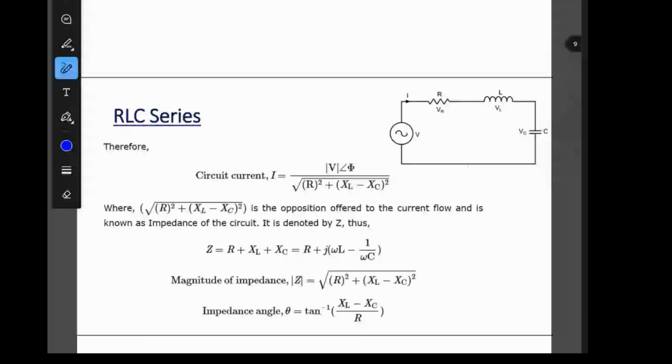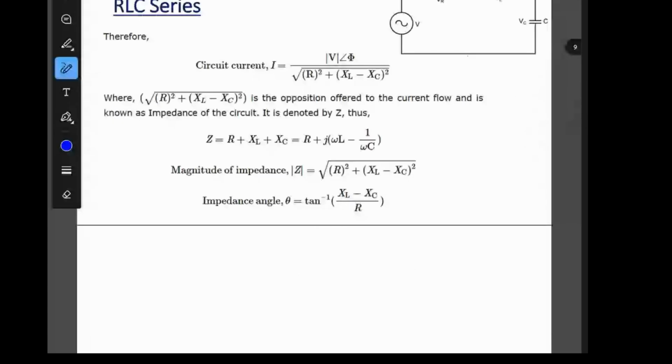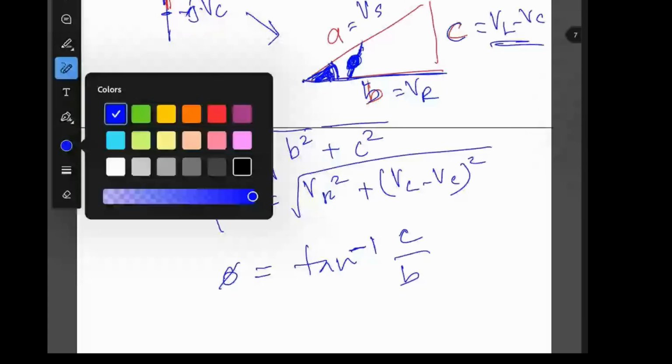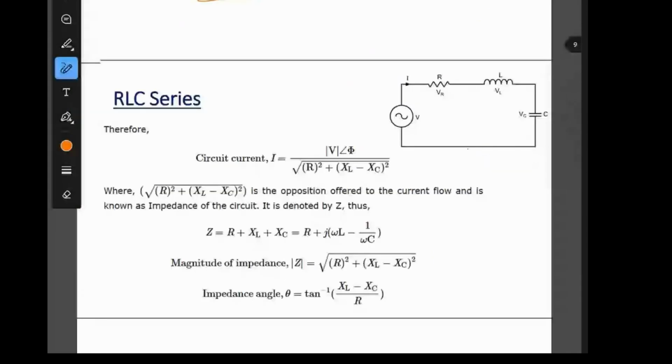Okay. Next is current. How to find the current? We know from Ohm's law that current is equal to voltage divided by impedance. So we have this voltage, and we have our impedance.